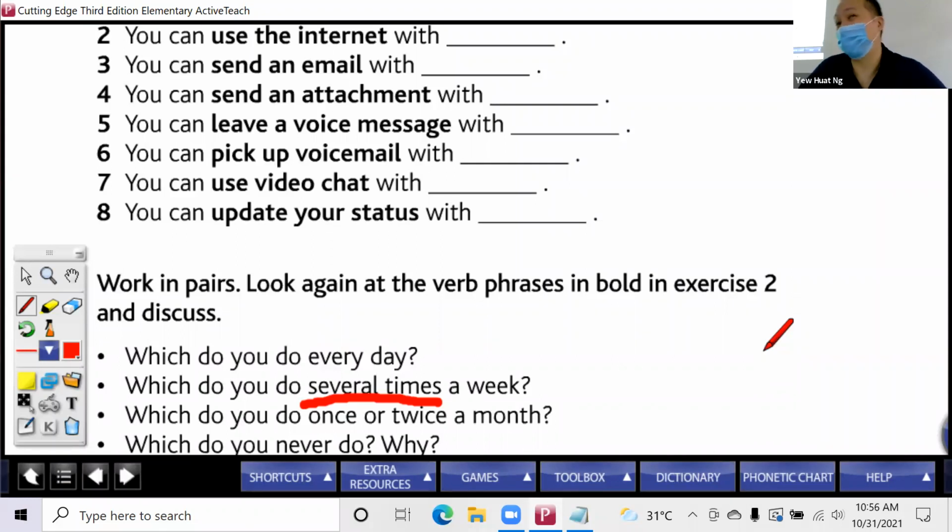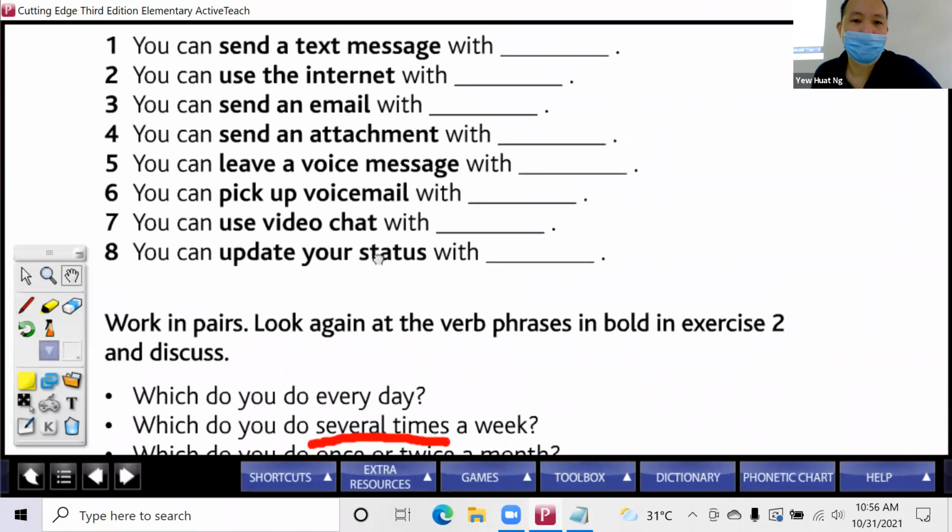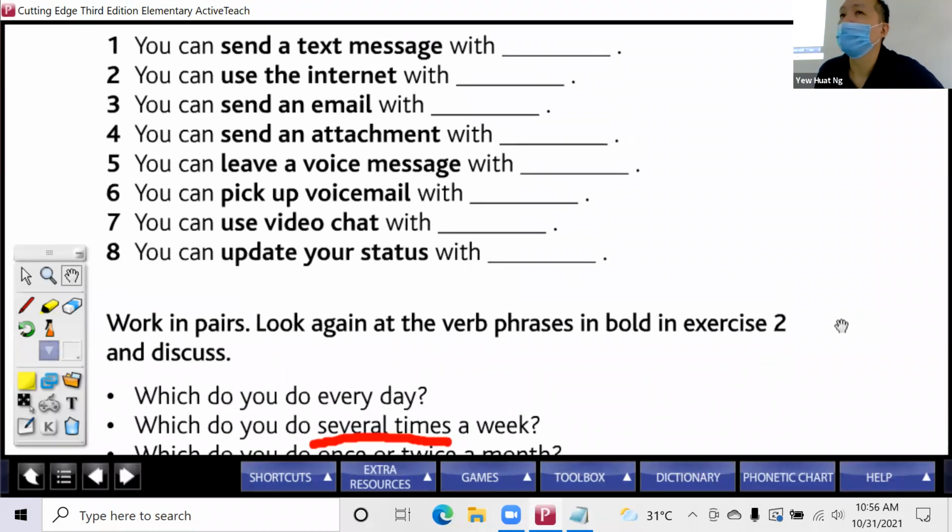I would say 3 to 4. Several times. I think if it's more than 3, so 5, 6, 7, that is many times a week. Yeah. So which do you do several times a week? For me, I use video chat several times a week, 3 to 4 times a week.